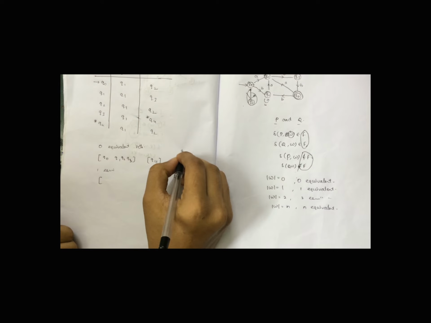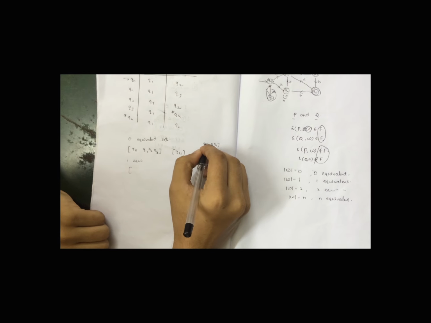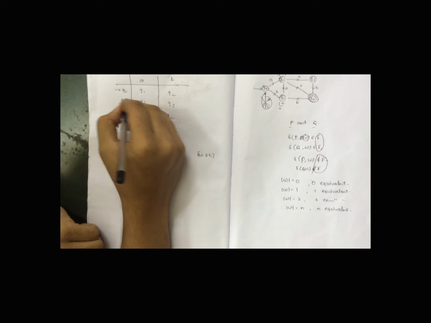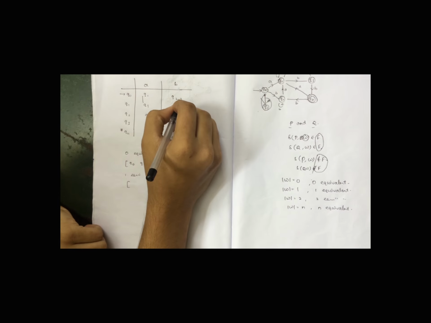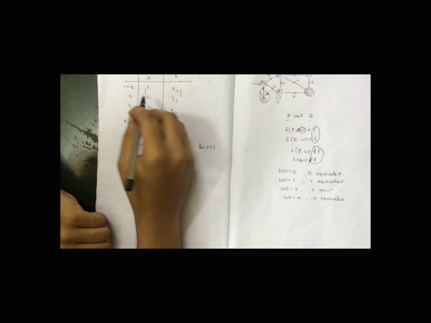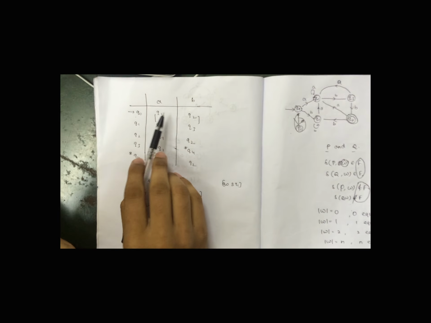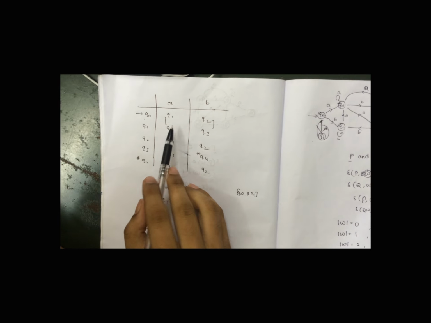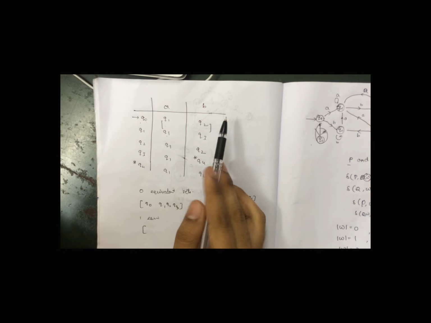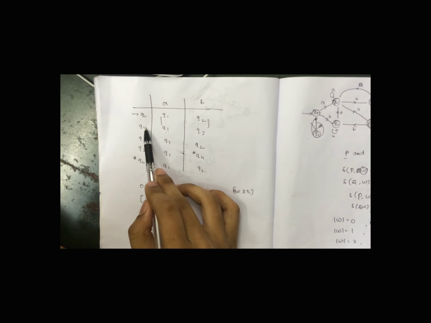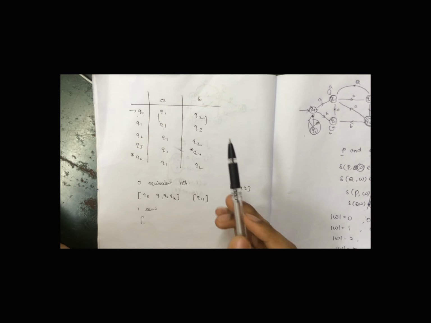Now let us consider the one equivalent set. Let us consider Q0 and Q1. Q0 on A goes to Q1, and Q1 on A goes to Q1. Q0 on B goes to Q2, and Q1 on B goes to Q3.